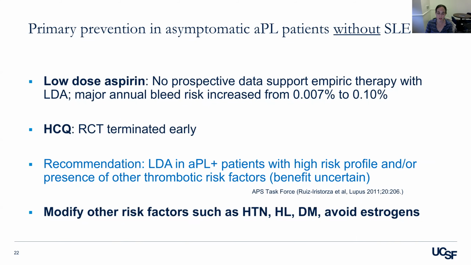So the recommendation currently is to consider low-dose aspirin in APL patients with a high-risk profile and or presence of other thrombotic risk factors, but that the benefit is uncertain. So really leaving this up to you in a risk-benefit discussion with your patient. And I think very importantly, focusing on modification of other risk factors such as hypertension, hyperlipidemia, diabetes, and then avoidance of estrogens, which often comes up in our patients when we're thinking about contraception.